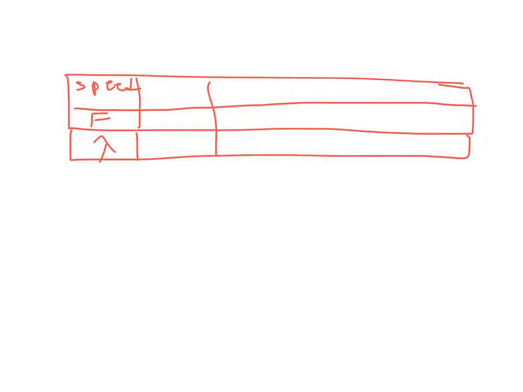So if the speed is the same and we increase the frequency by twice as much, what happens to lambda? What happens to the wavelength? Speed is the same, okay?